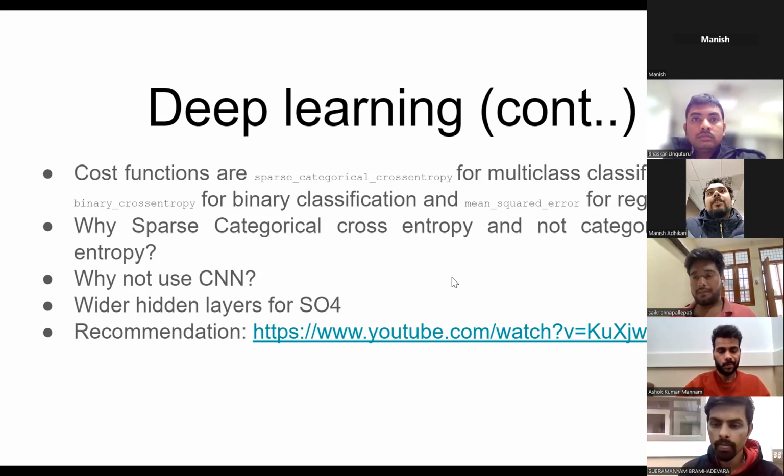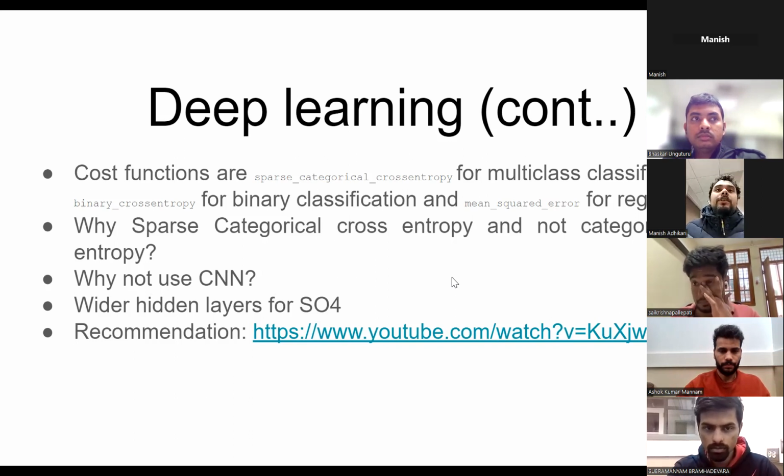It is more like, does this belong to this class or not? So it may belong to no class, or to more than one class. When a sample has to belong to exactly one class and class labels are numbers like 0, 1, 2, we use sparse categorical cross entropy. For categorical cross entropy, it will be one-hot encoded data.